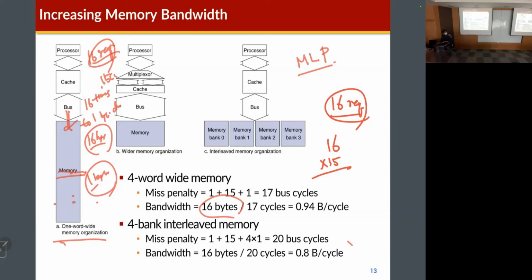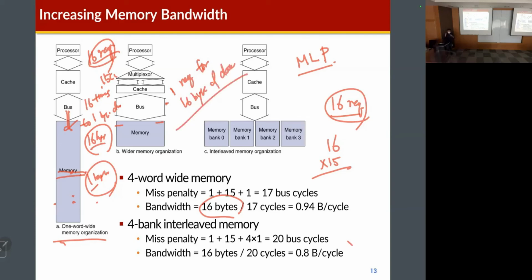But how can we improve the performance? One simple way is to increase the memory bus, which means we use a large memory bus so that we can give one request for 16 bytes of data. What's the benefit?